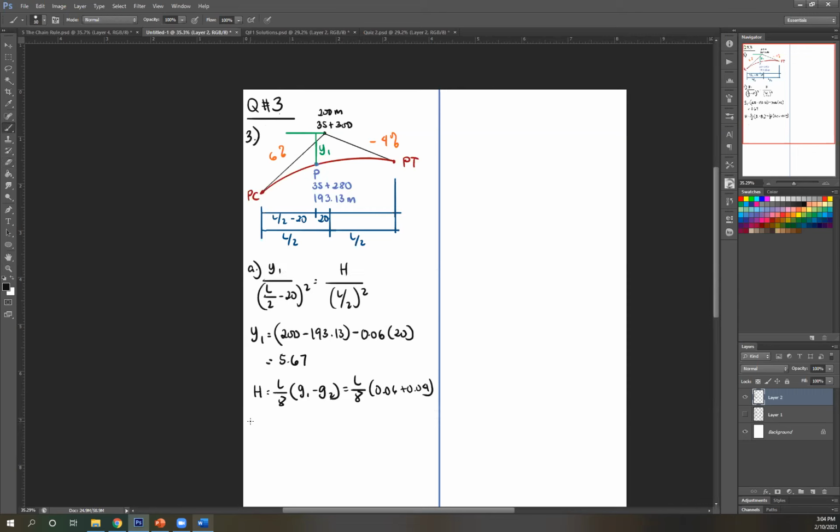So now we get 5.67 over L over 2 minus 20 squared equals L over 8, 0 plus 0.06 plus 0.06 plus 0.04 is just 0.1. All over. Okay. So now I can solve for L.